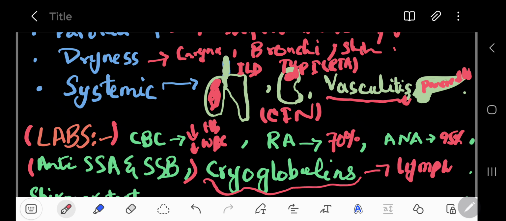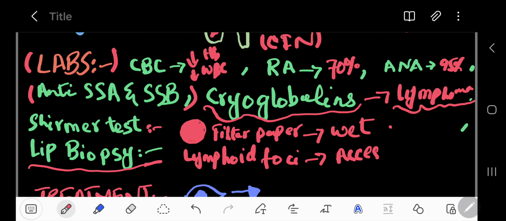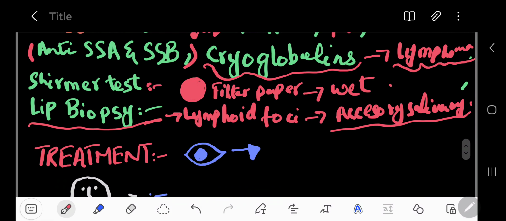Then there is a test known as lip biopsy, and when lip biopsy is done, you will see lymphoid foci in the accessory salivary glands. So the most diagnostic test is lip biopsy, in which you will see lymphoid foci in the accessory salivary glands. You can also do biopsy of the parotid glands.